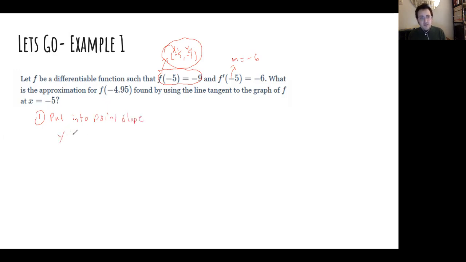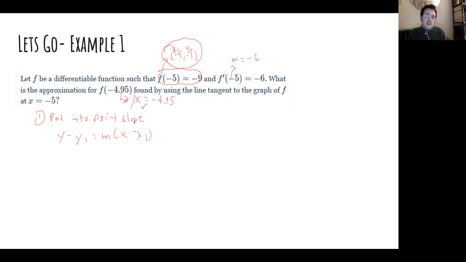So I'm going to write y minus y1 equals m times x minus x1. And it's asking me for the approximation at f of -4.95. So the x that is not the x1 but just x will be -4.95.